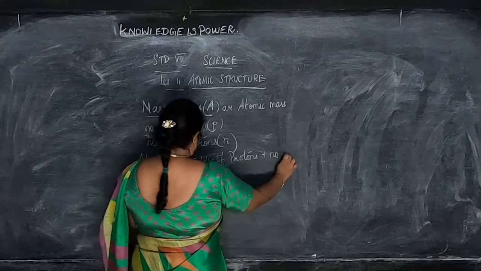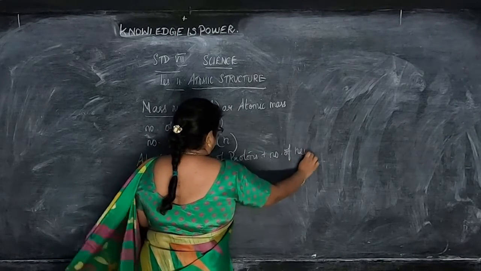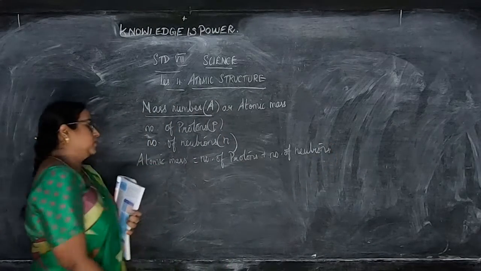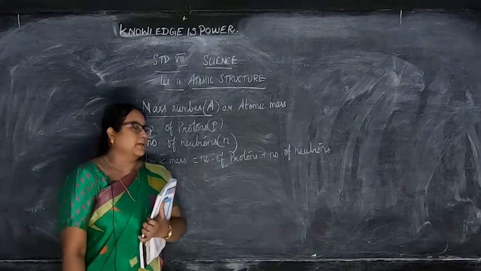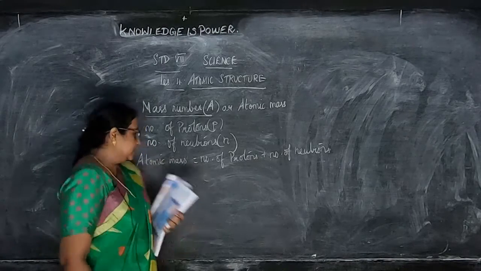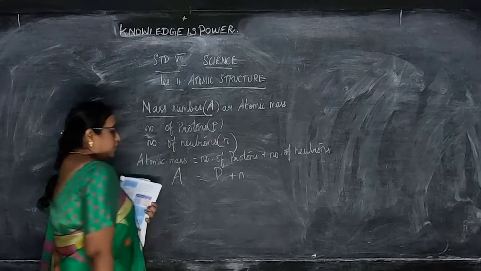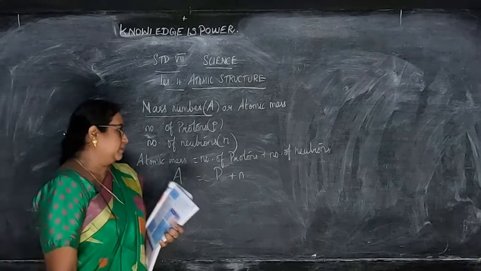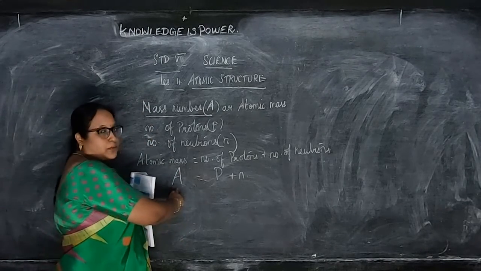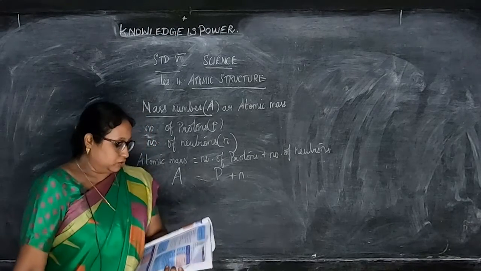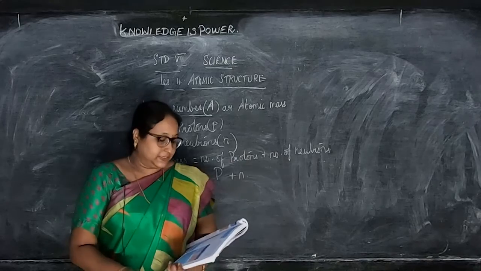Okay, children? Do you understand this? That is A is equal to P plus N. A is nothing but the atomic mass, P is the number of protons, and N is the number of neutrons.